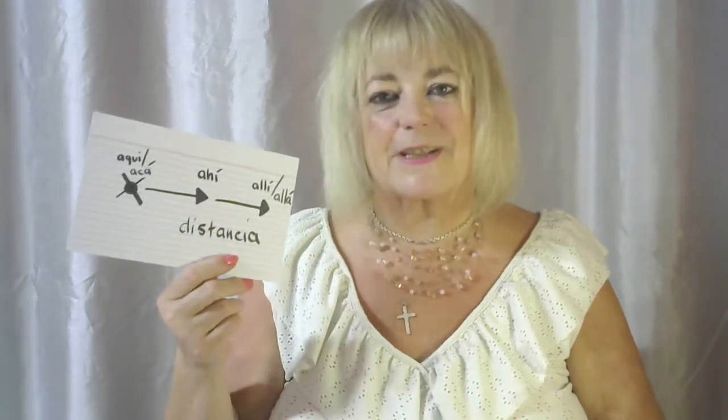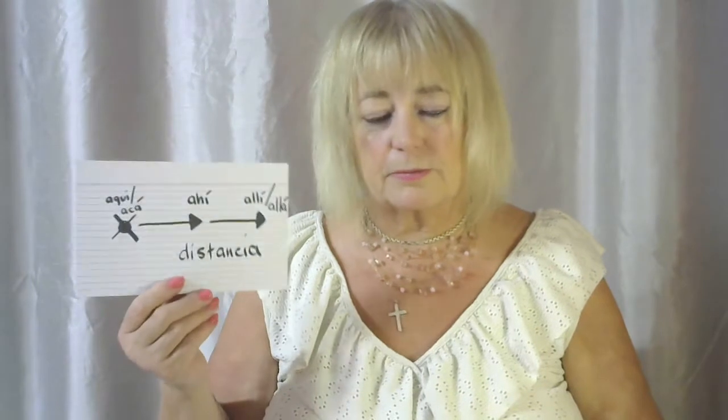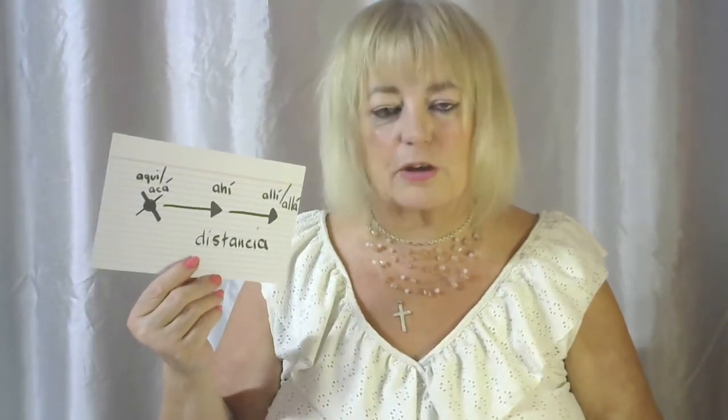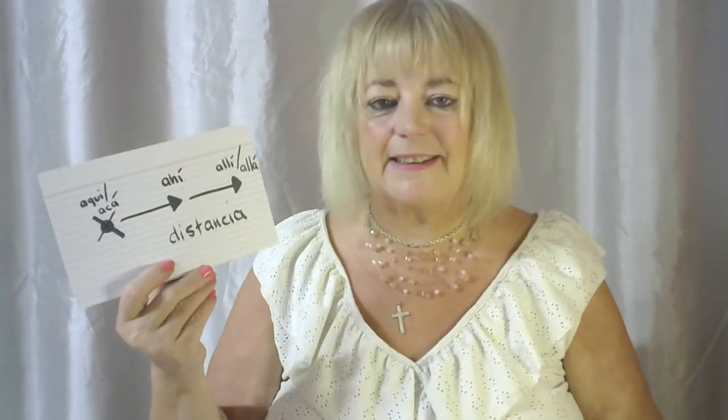I suppose in English we tend to say here, there, over there, when we want to say something's a bit further away, don't we? So think of it in terms of distance. If it's right near you, use aquí or acá. If it's a bit further away from you, you're using ahí. And if it's even further away, you're using allí or allá.